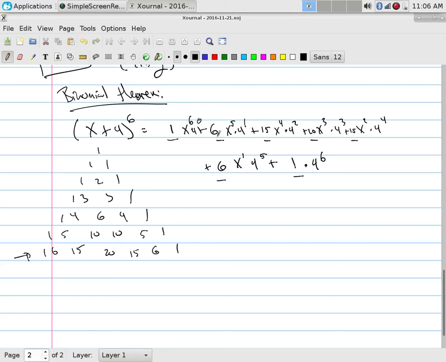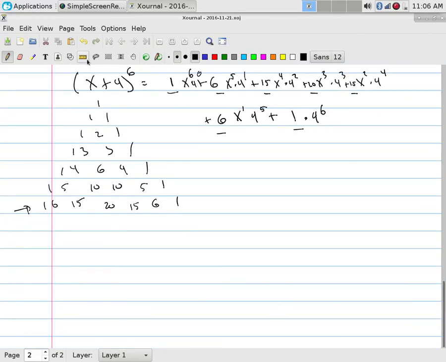Where in the world did this come from? This is a counting problem. How is this a counting problem? Well, if I look at a problem, say, square plus triangle to the nth power.